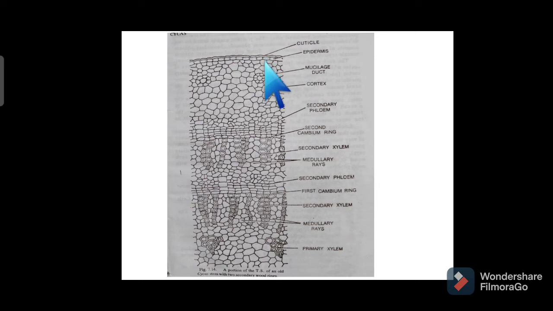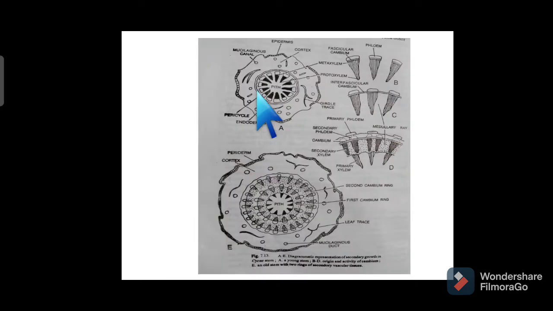This Cork Cambium cuts the cells of cork towards the outer side, and the secondary cortex or phelloderm towards the inner side, towards the center.